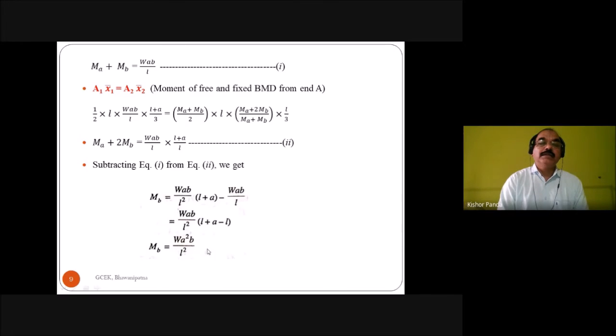Then you put this moment in equation 1, and you will find out the moment at the end A, MA.